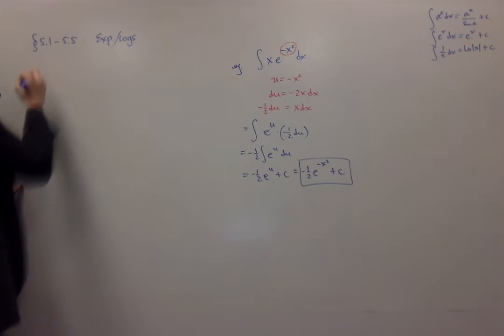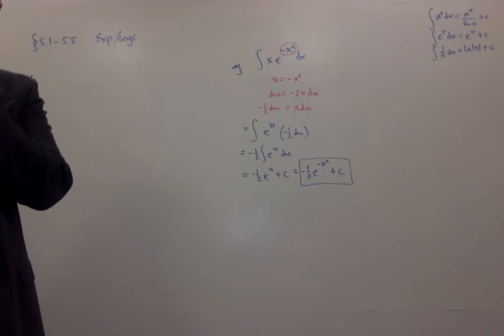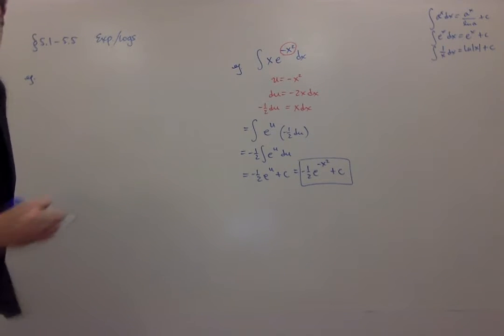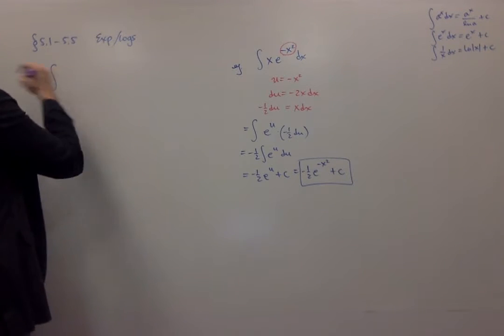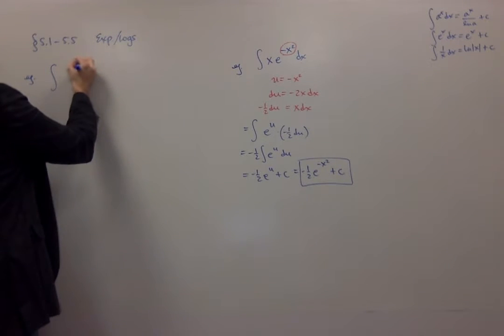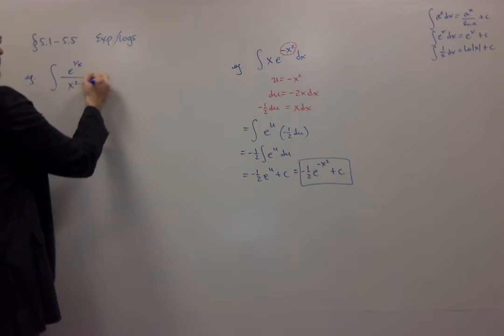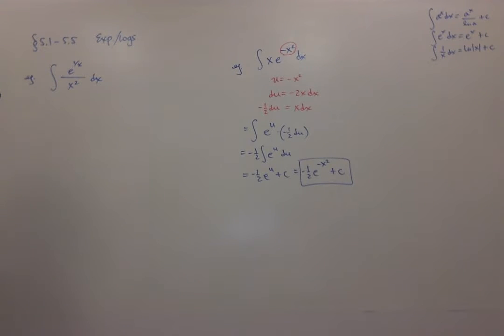Okay, let's see if we can get through 2 more examples before my computer says goodbye. Let's do e to the 1 over x squared dx. Again, I would normally give you some time to think about this one, but 2 things are clues here that I need to do a substitution.